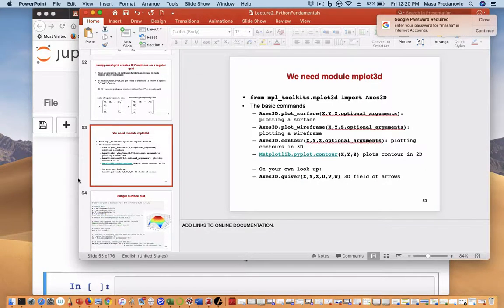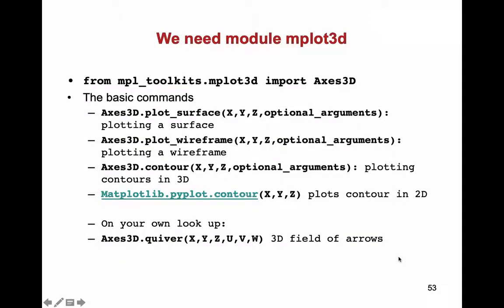And I'm listing here this module and plot. Plot surface is the one that I showed. You can quickly replace it with plot underscore wireframe and see what it does. There's contours, which are projections.